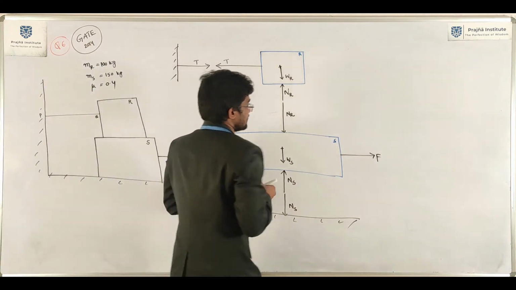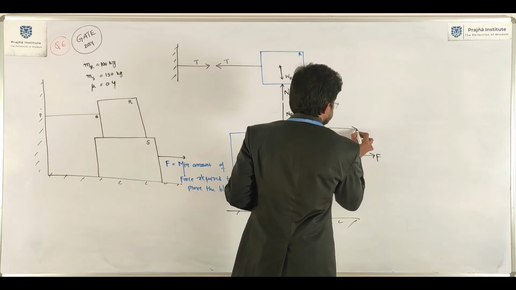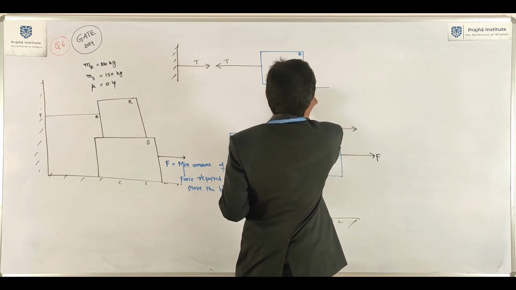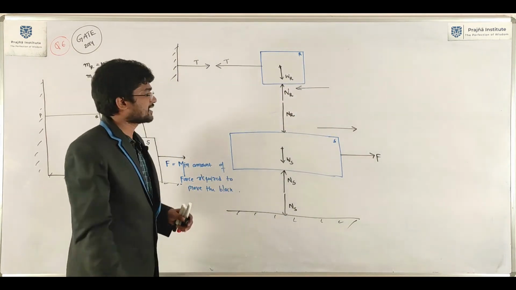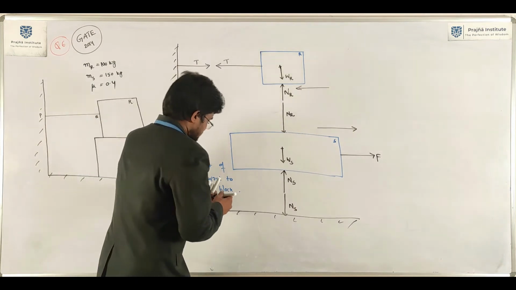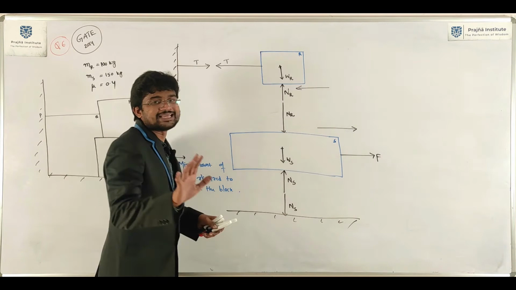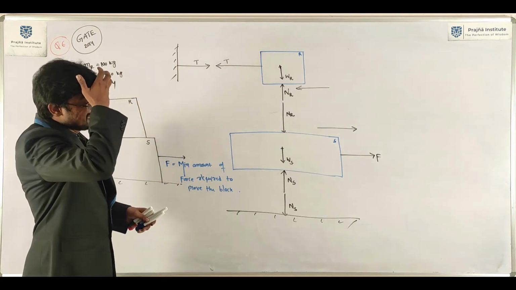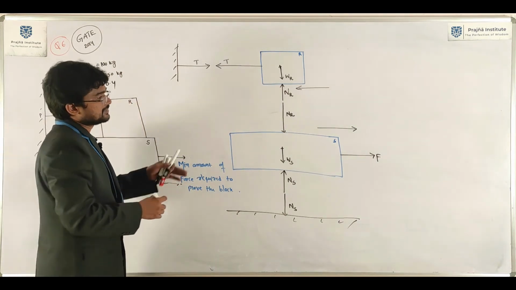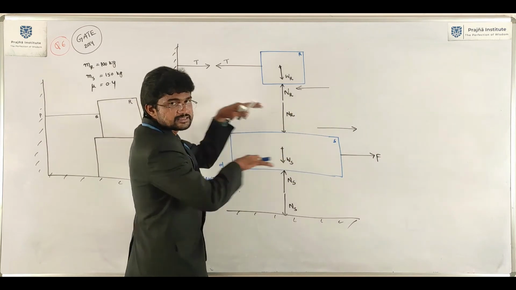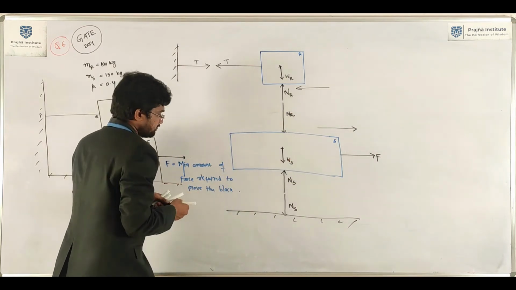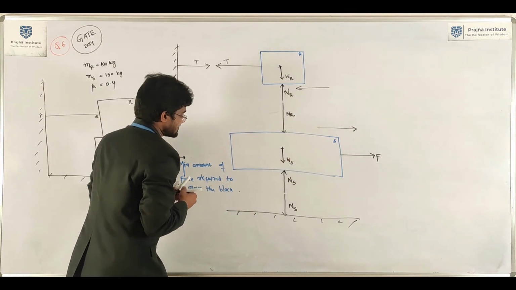So this block is moving in this direction, which means this block will move like this. Static friction, it is just able to move, that's it. Now there is a slip between the two blocks. This is called slip. So here draw frictional resistance.